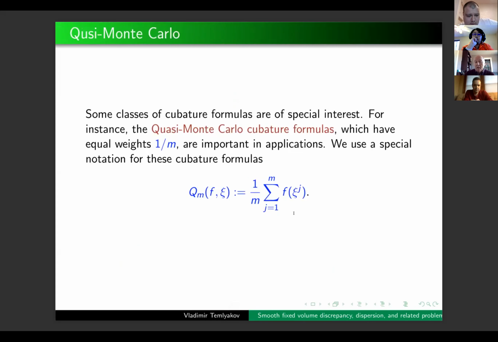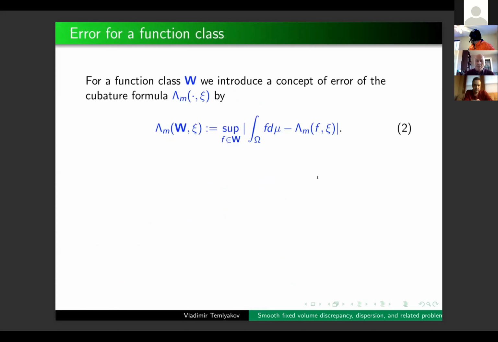In some special cases which are of great interest, when all the weights are the same, which is 1 over m, we call these cubature formulas quasi-Monte Carlo cubature formulas. This is a special case, but it is of interest. For instance, the discrepancy will be the one which has the weights 1 over n.